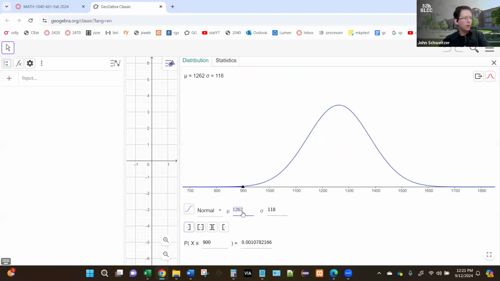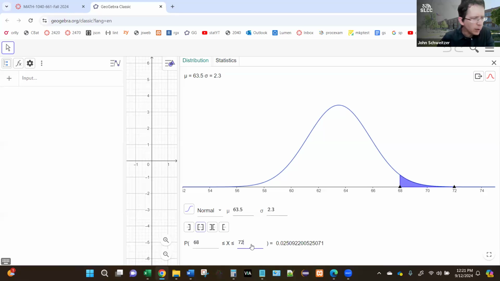So the mean now is 63.5. The standard deviation is 2.5. And so for the first part, we're trying to get between two values, 68 and 72. Let's see, did I do something wrong? I messed up something there. Oh, it's 2.5 for the standard deviation.